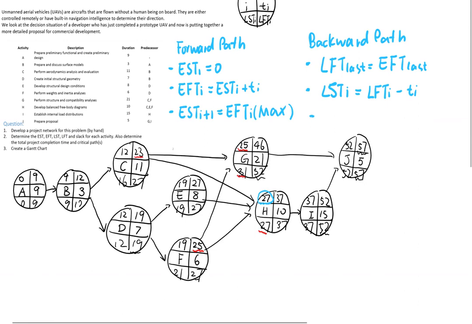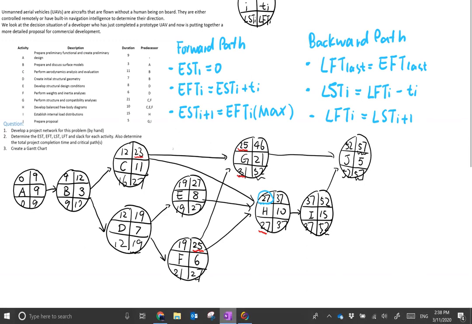And then we are going to figure out the latest finish time of the predecessors. The latest finish time of a predecessor is equal to the latest start time of its successor. However, sometimes we have multiple latest start times to choose from.